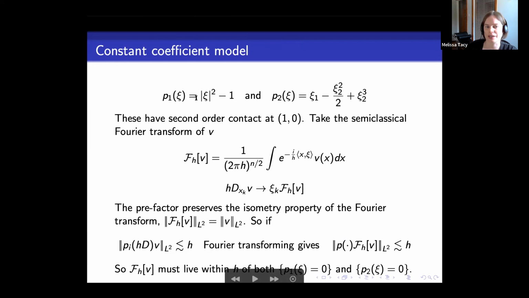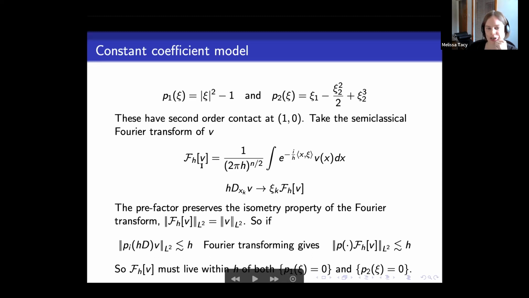So this is the symbol that's associated with Laplacian eigenfunctions. And these Laplacian eigenfunctions, because they show up so often, are quite often what we're interested in. P2 is just an operator that I've cooked up, so it will have second order contact at 1, 0 and be constant coefficient, so that I can solve this with the Fourier transform method.